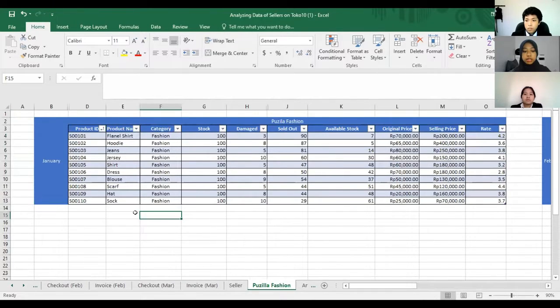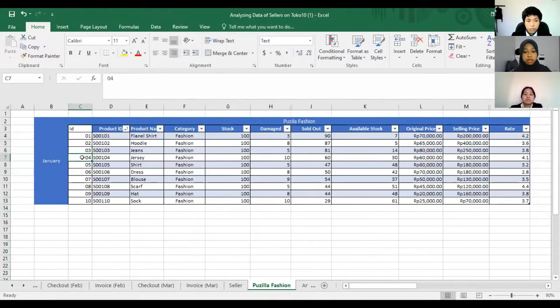Next, there is the worksheet and table Fuzila Fashion for 3 months. This table consists of 40 columns, which contain the name of the months, ID for product order, and product ID, which contains a unique code for each product.